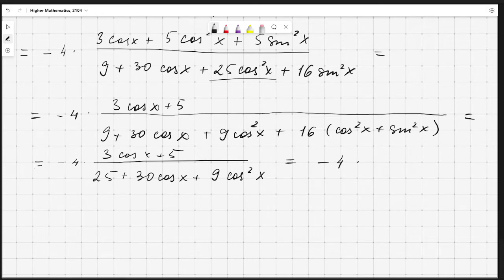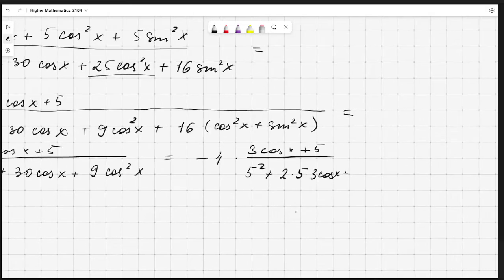Here 25 is 5 squared, 30 is 2 times 5 times 3 cosine of x, and plus 3 cosine of x squared. This is a full square. 5 plus 3 cosine of x squared.